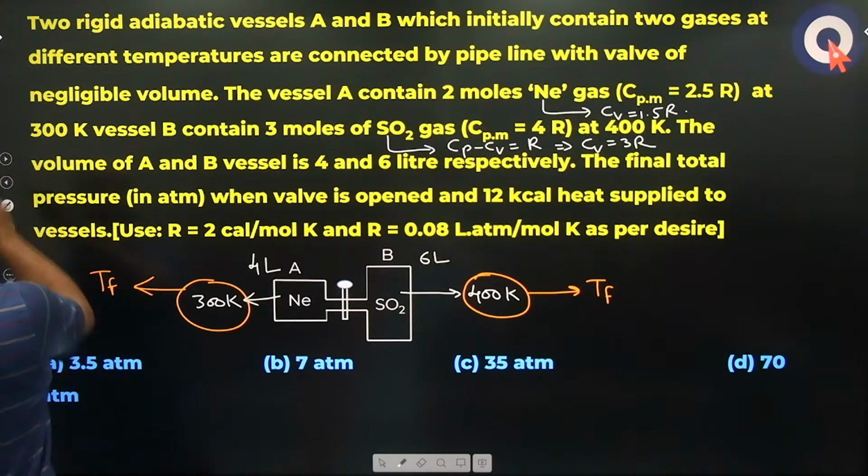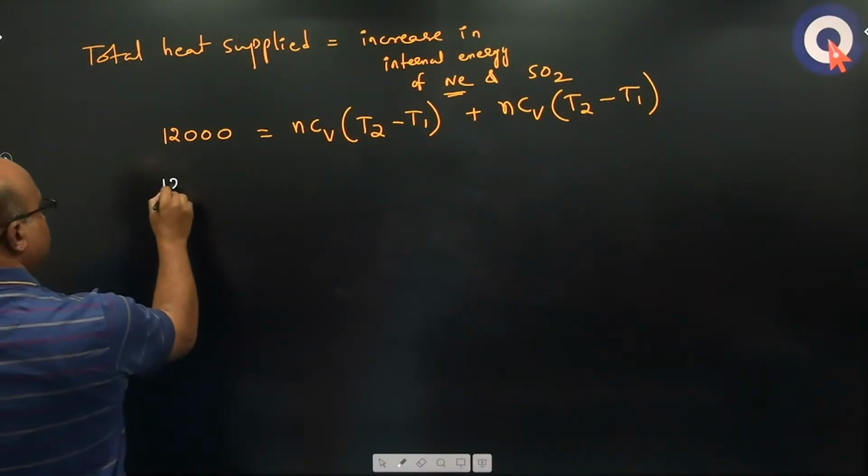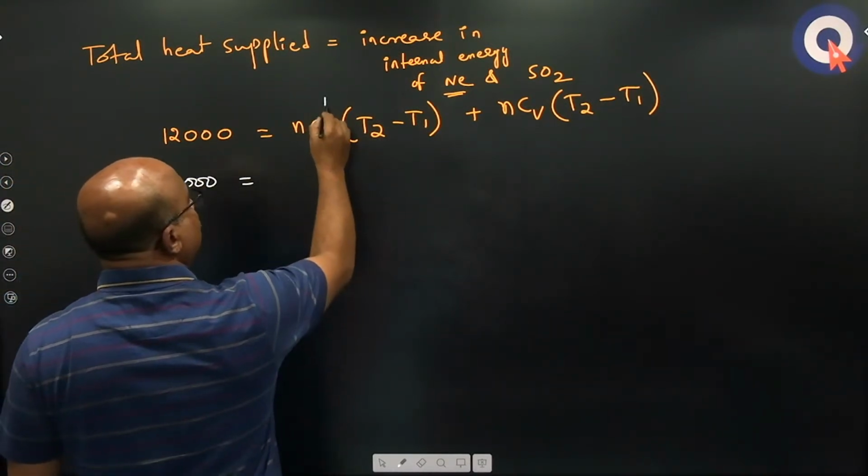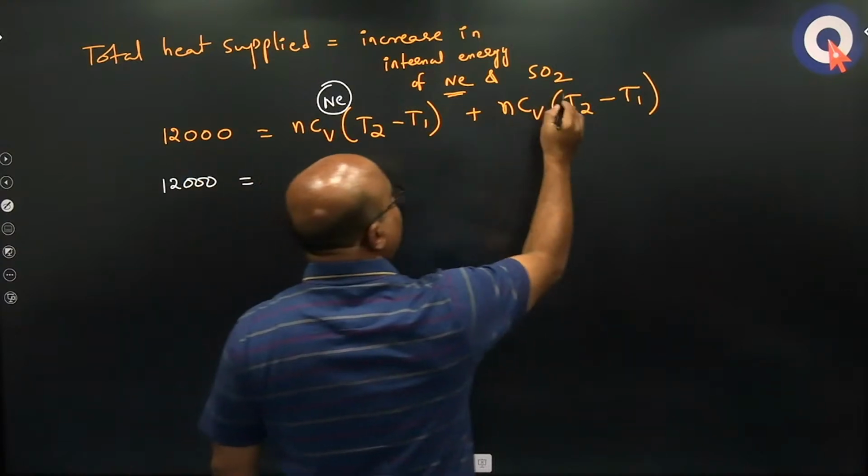Subtracting R from CP, we directly get the CV values. So from here, 12,000 equals the number of moles of neon, let us say neon, plus that of SO2.